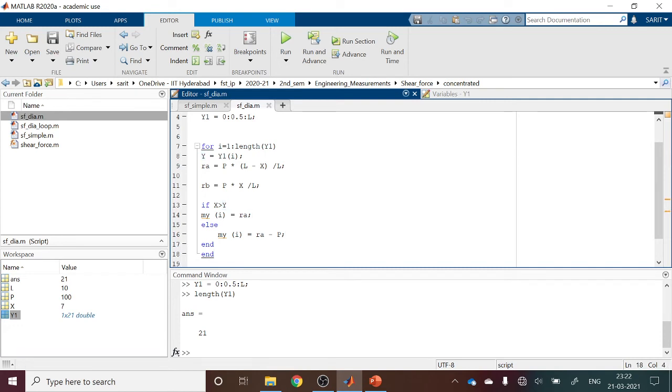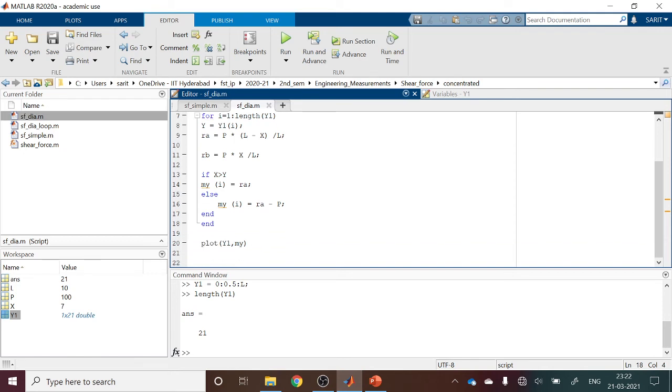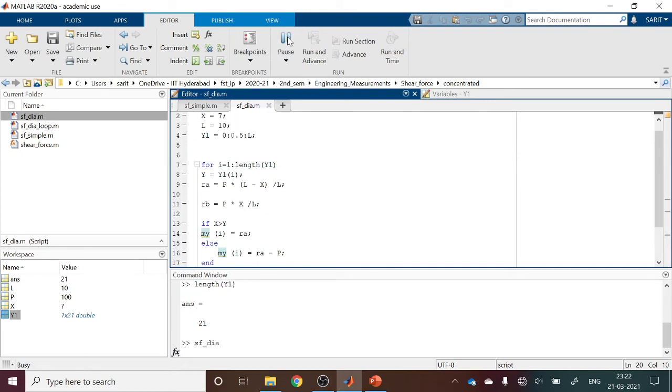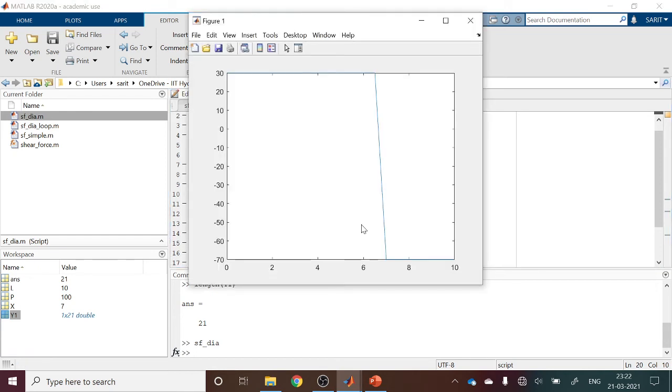Over. So a very simple code is written, and at last we are plotting yi, the total sections, with respect to the y-axis, which is all the shear force values. Now if you execute this program, you will get a plot. So yeah, the plot has come now.